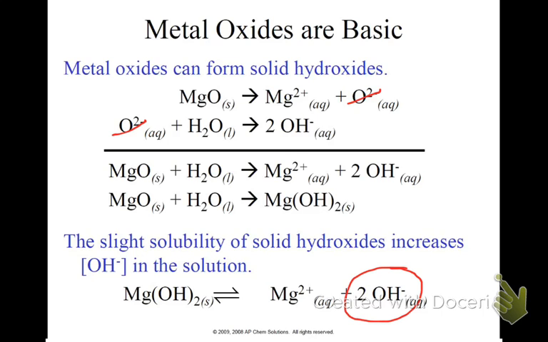Those 2 hydroxides are what make the difference, because they increase the concentration of hydroxide, which is going to increase the pH of the solution. So by adding magnesium oxide or metal oxides to water, they hydrolyze the water to produce those hydroxides, and depending upon the solubility, they'll also increase the pH in the solution.